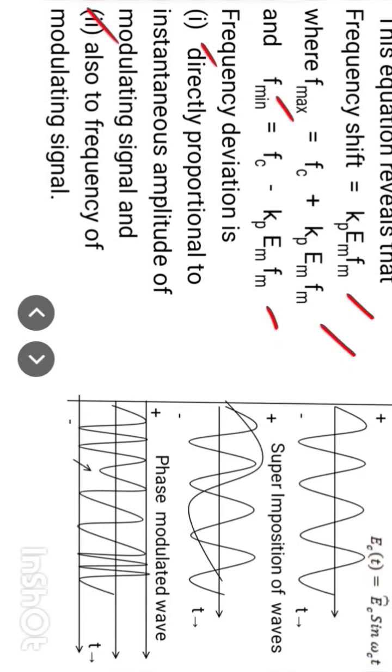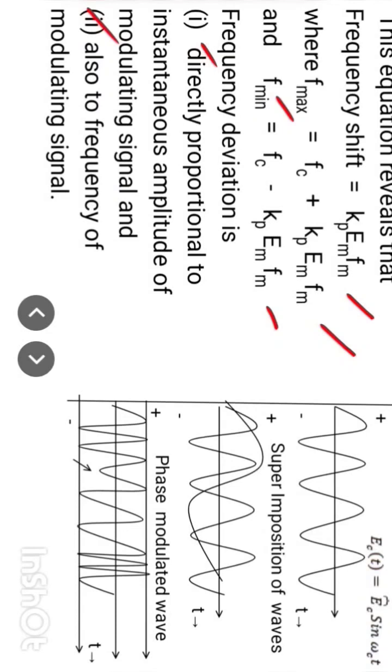Now if you look at the frequency deviation in frequency modulated wave, if you compare frequency deviation with frequency modulated wave, their frequency deviation was directly proportional to instantaneous amplitude of modulating signal.